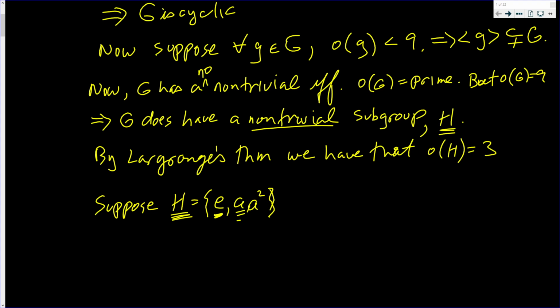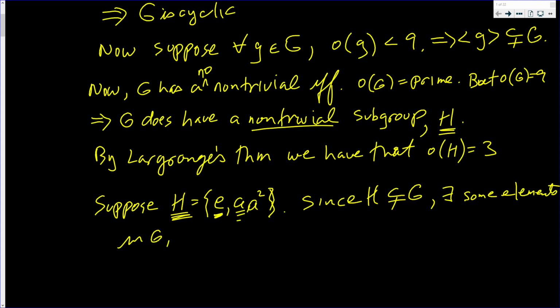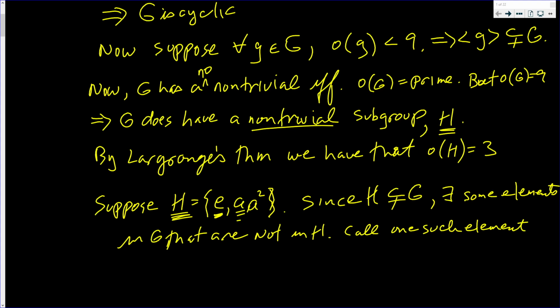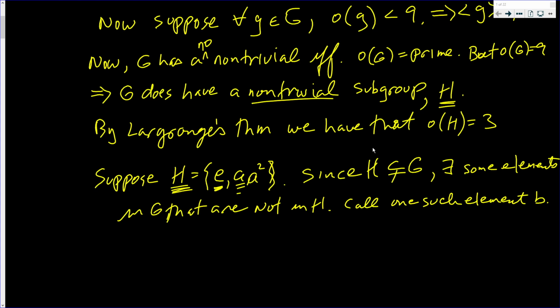Now, since H is a proper subset of G, there must exist some elements in G that are not in H. Call one such element B. Now B is in G, but G is closed.